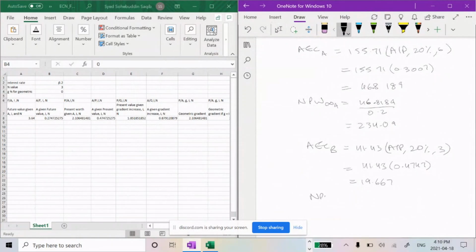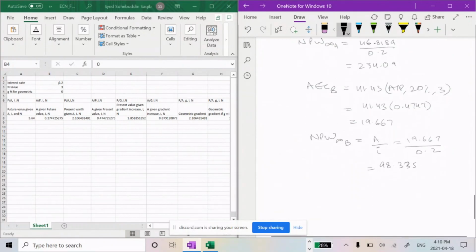Now we need to find the net present worth to infinity for B. We need the difference between the net present worth to infinity for A and for B. This one is A divided by i, which is 19.667 divided by 0.2, which is 98.335. Now the difference is what the question is asking.